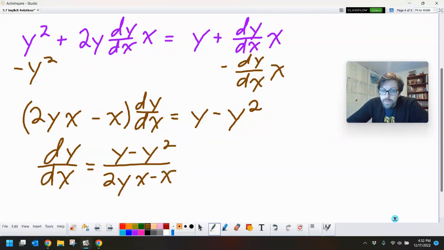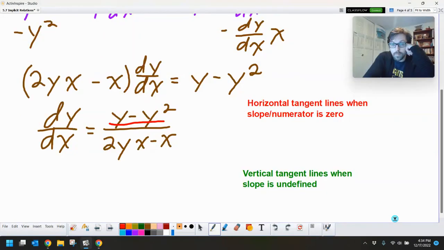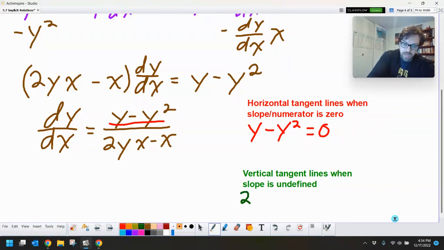So now we want to figure out if we've got horizontal tangent lines, that means our slope is 0. So our slope is going to be 0 if this numerator is 0. Our vertical tangent lines are going to be when our slope is undefined. So really, this question is asking about when is this numerator equaling 0, or when is this denominator equaling 0.